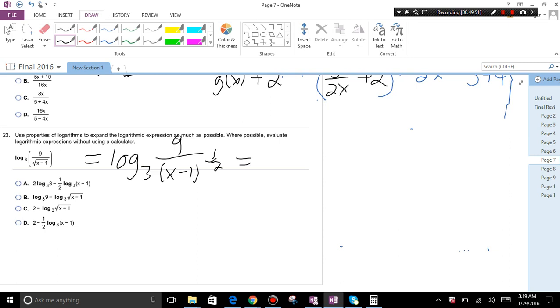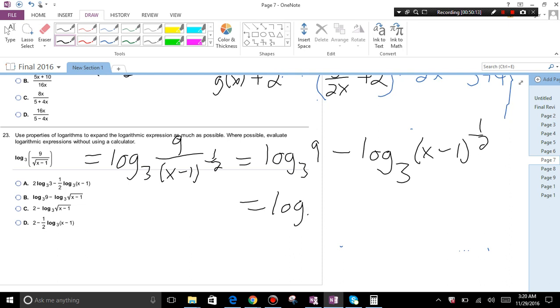And if we remember from the last test that division turns into subtraction, this is really log base 3 of 9 minus log base 3 of x minus 1 to the 1/2. And then we also remember that all powers come out in front. And so this 1/2 comes out in front.